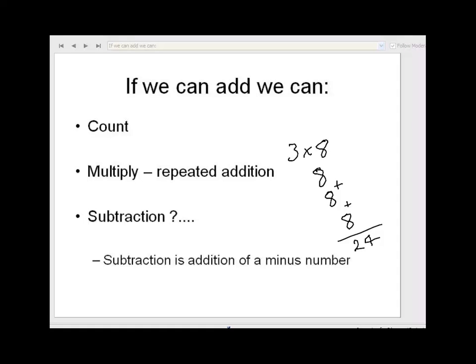So multiplication is actually just repeated addition. Now we can count, we can multiply. Can we subtract?